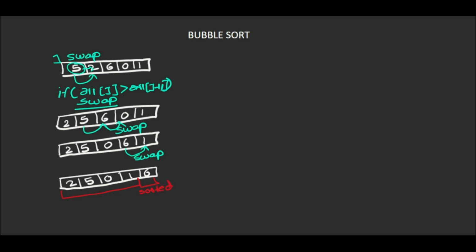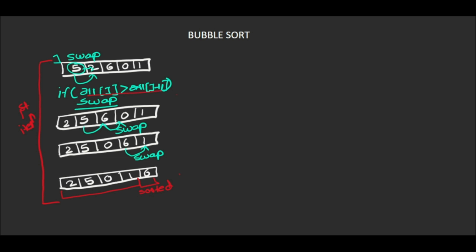So this whole thing was the first iteration. In the first iteration, we looked at the adjacent elements of each element and compared them, and if a swap was needed according to this condition, we did the swapping.